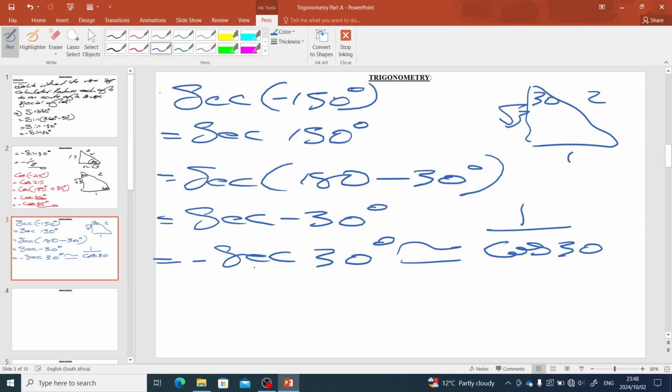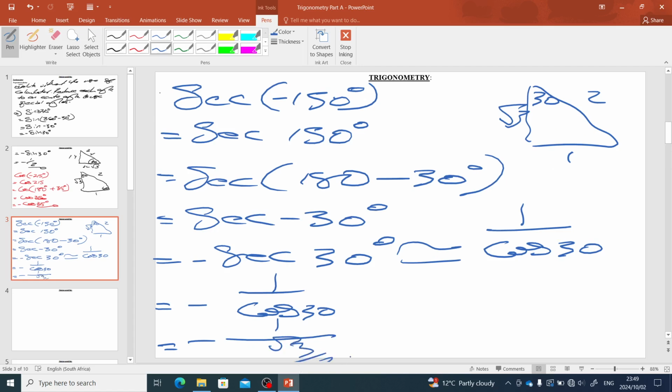Okay. Now, it will be negative 1 over cos 30. It is one and the same thing as negative 1 over, remember, it is adjacent over hypotenuse, square root 3 divided by 2.